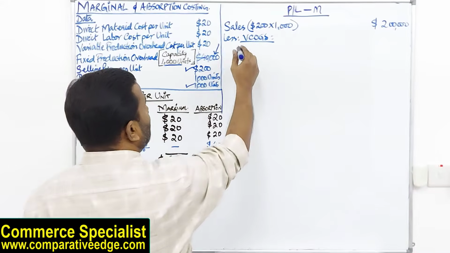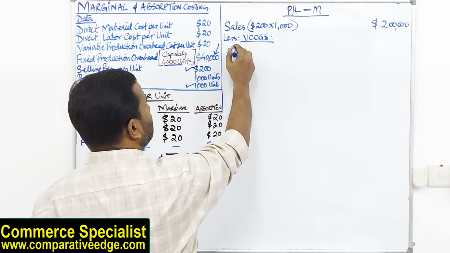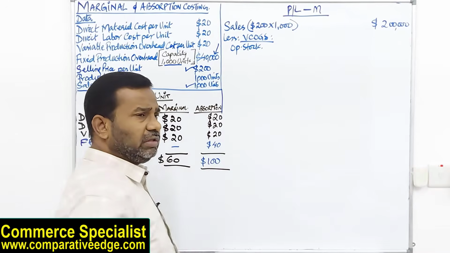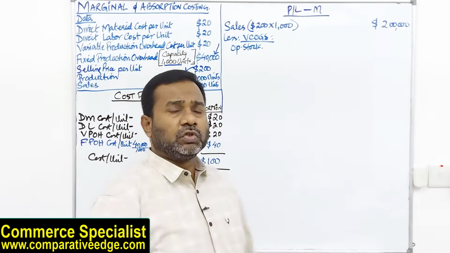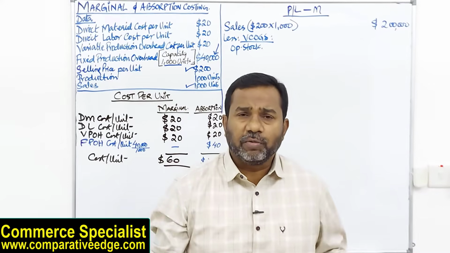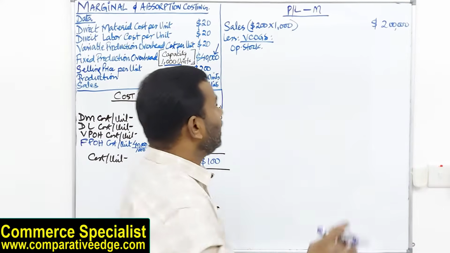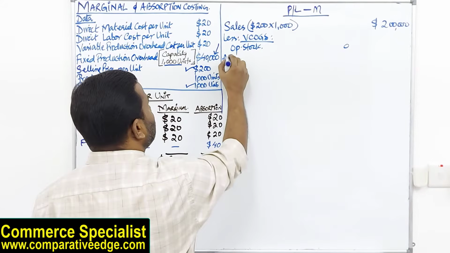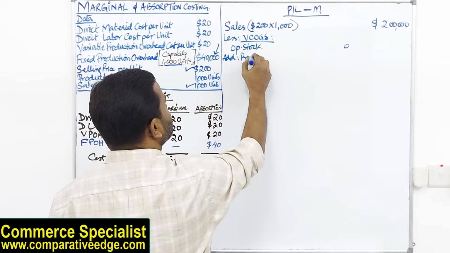After writing variable cost of goods sold, you write opening stock. I'm assuming this is the first year of operation. If a business is new and it is the first year of operation, it won't have any opening stock. So I'm assuming opening stock to be 0. Then you write add production cost.